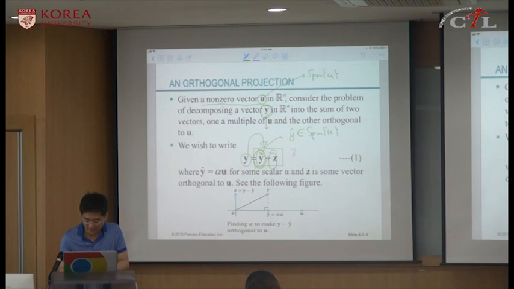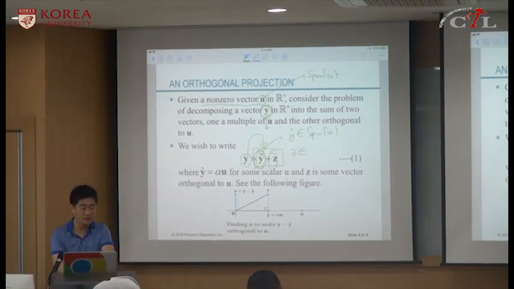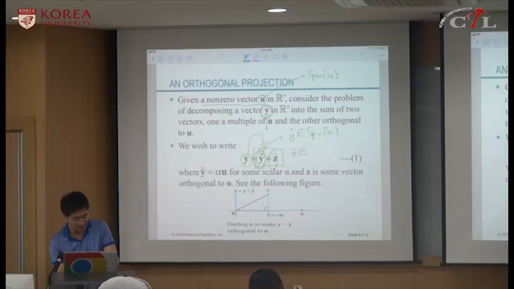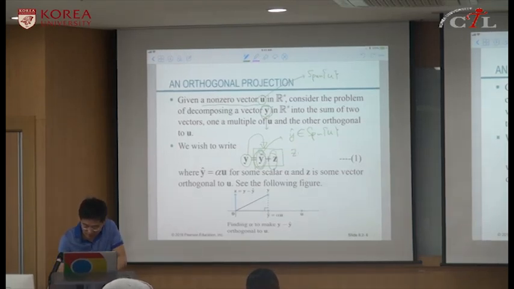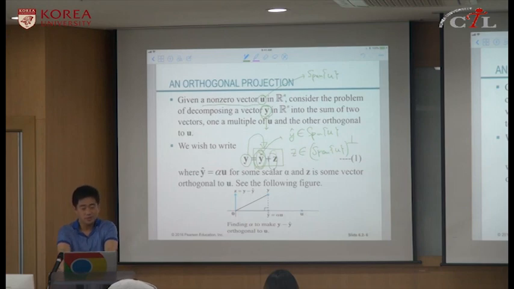And this z vector does not just belong to the span of u, but it is actually in the orthogonal complement of the previous subspace.